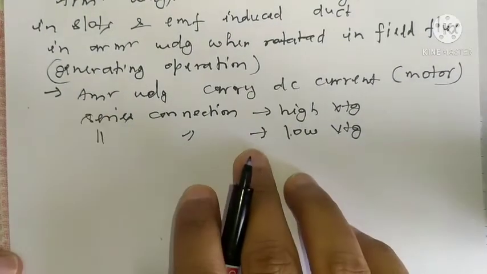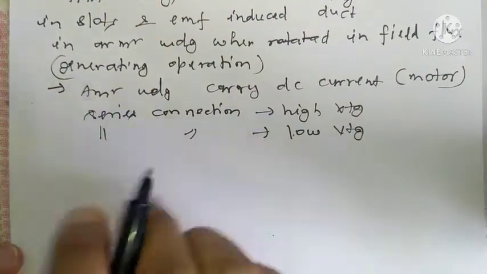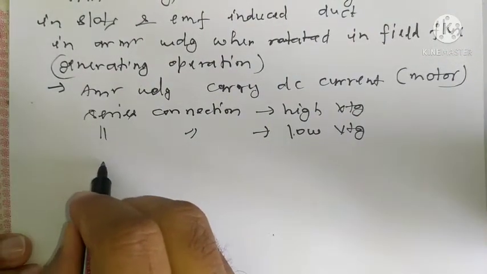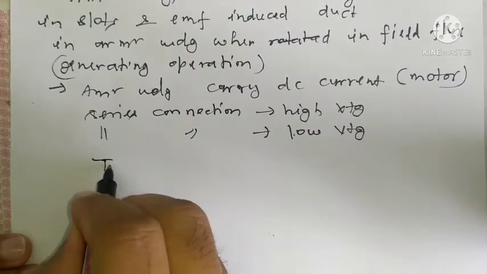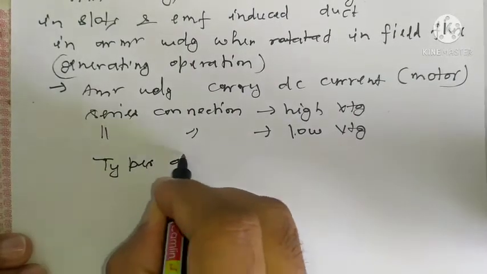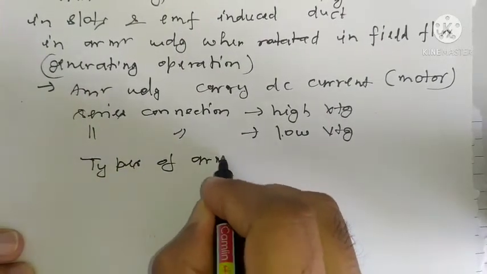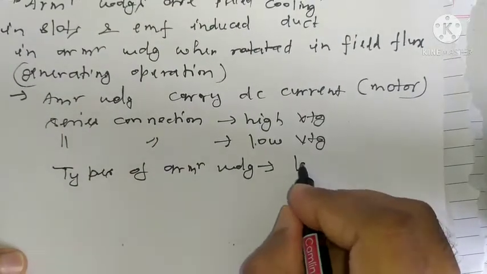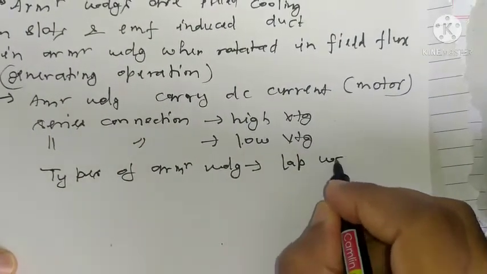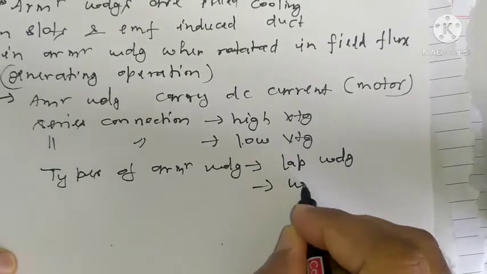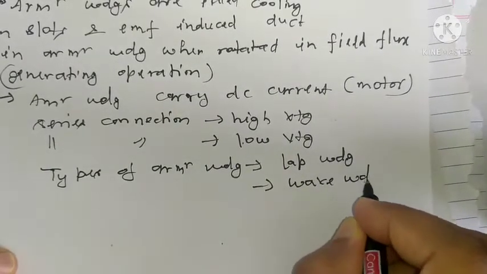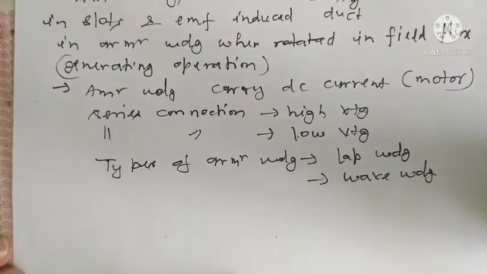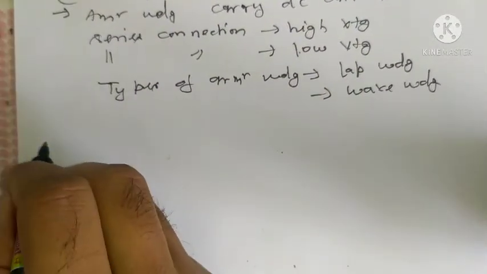And based on these armature winding connections with the commutator, they are classified as types of armature winding. They are classified as lap winding and wave winding, right? So this is what armature and armature winding.